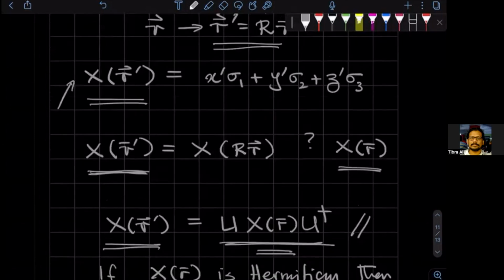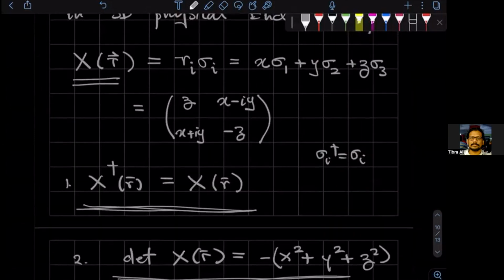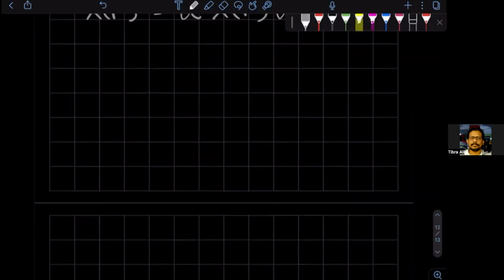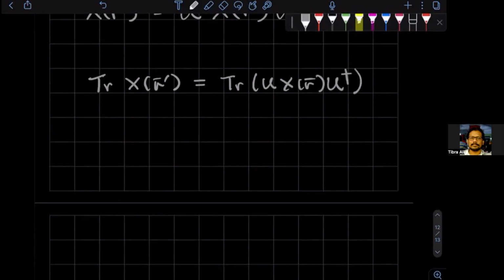Yeah. So another thing that we can notice is that this is a traceless matrix, right? So if I say, what is the trace of X of R prime, then we write this as trace of U X of R U dagger, right?